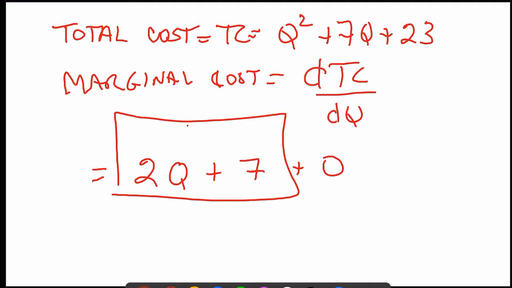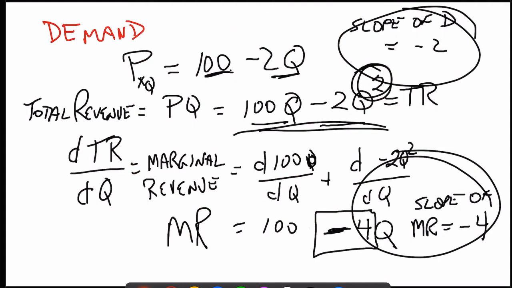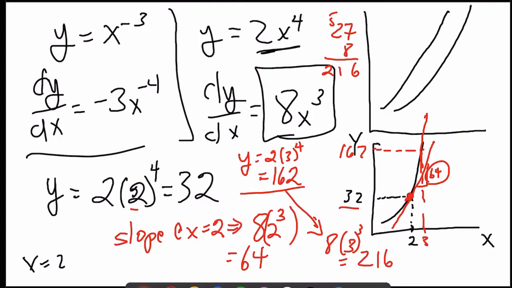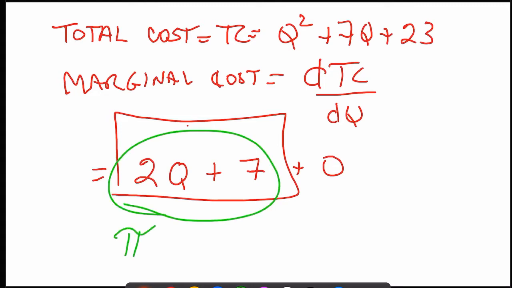Is that exciting? We're going to do this over and over again in the history of our life. If this and that go together, this is marginal revenue. This is marginal cost. To find the profit max, I set marginal revenue equal to marginal cost.